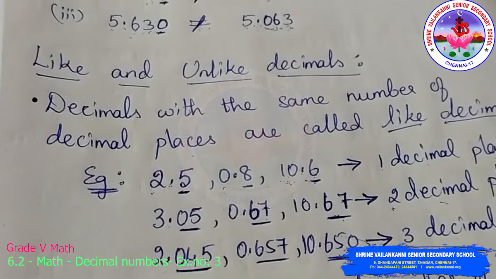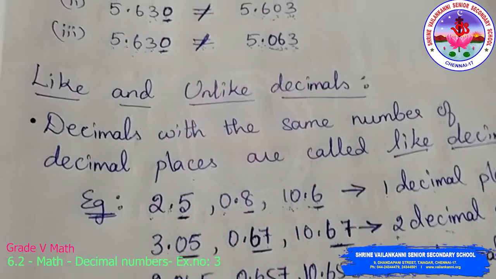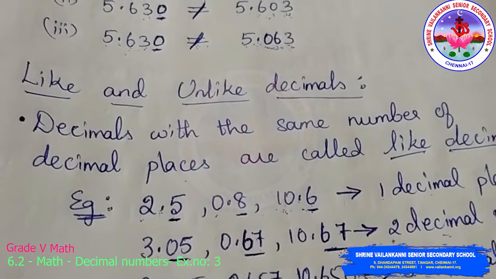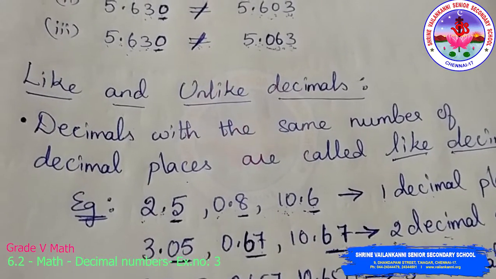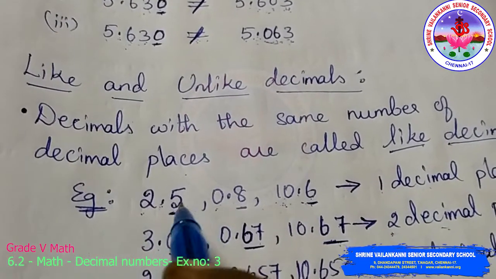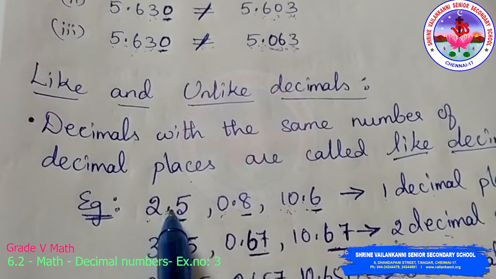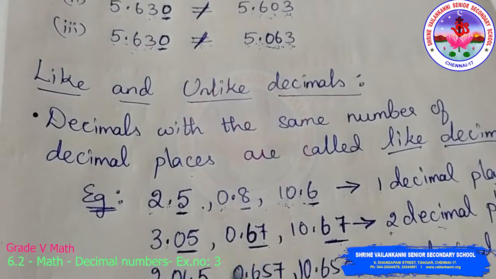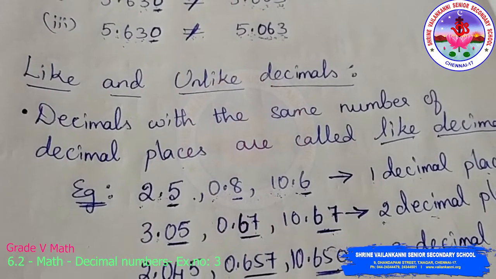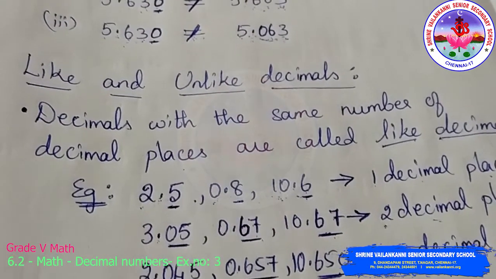Understood? So in like decimal we have three different decimal places: 1 digit after decimal is 1 decimal place, 2 digits is 2 decimal places, after the decimal point 3 digits is 3 decimal places.